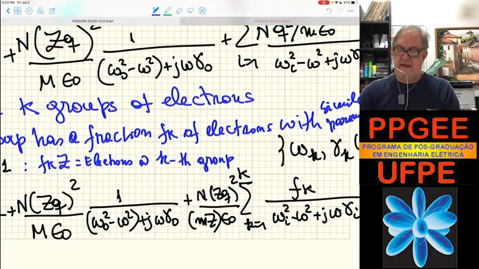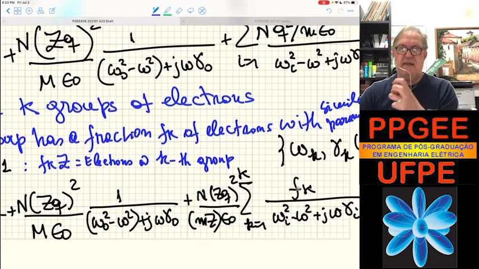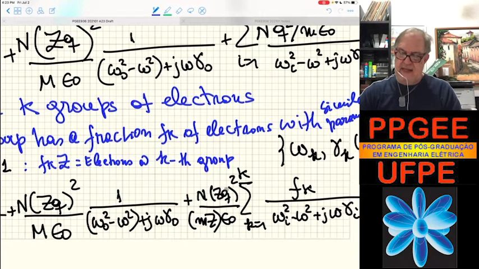So I just show you why I wrote it like this: because Z squared divided by Z is Z, and Z times f_k is the number of electrons in a given group, so we clumped them together. So I wrote it like this so we have the same factor here.